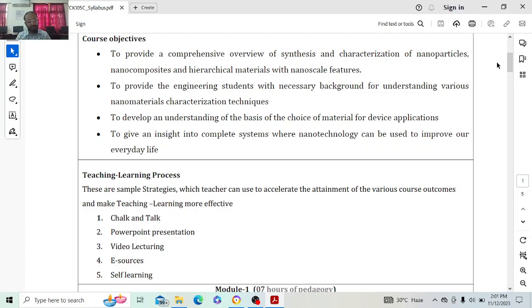And when you reduce bulk to the nanoscale, every property changes. It has been observed that gold at the bulk level is yellowish in color, but when it is reduced to the nanoscale, 100 nanometer or 80 nanometer, it changes its color to purple and different varieties of colors, violet and red.